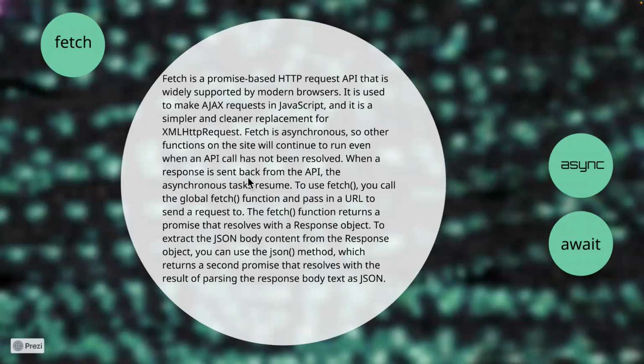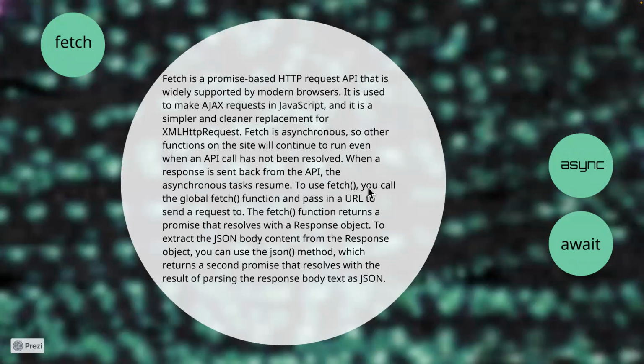All right, when a response is sent back from the API, the asynchronous tasks resume. So as soon as it gets that data, for example, the weather data that we're calling in our imaginary website, then it would just resume, and that part of the data will fill in, and the page will continue to function.